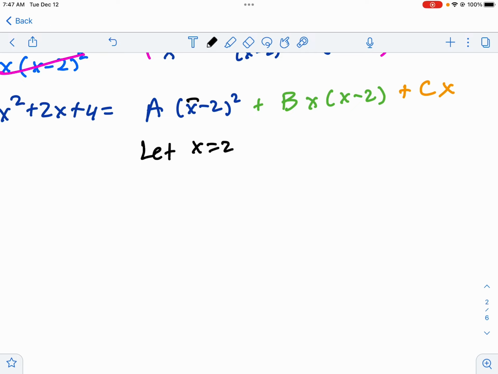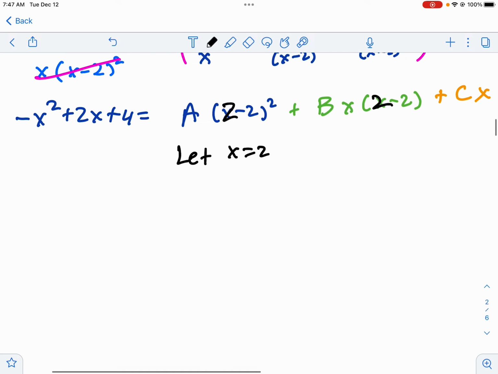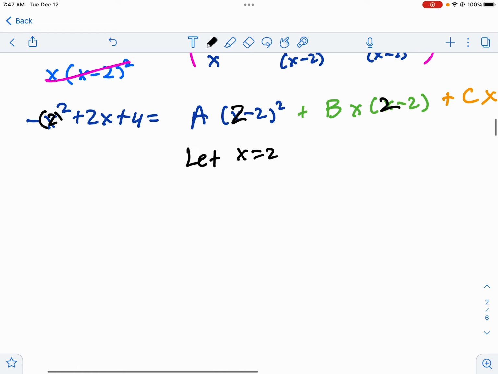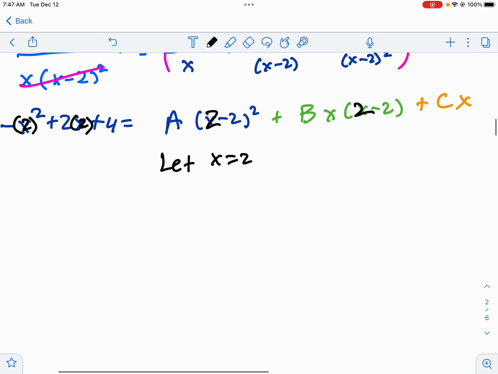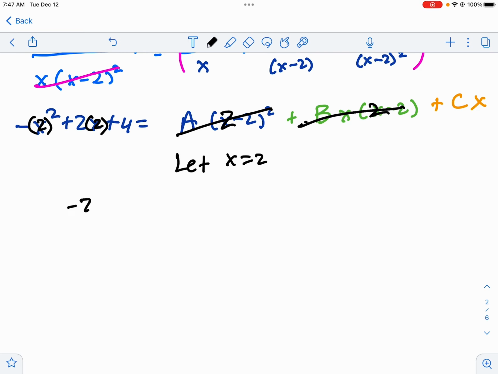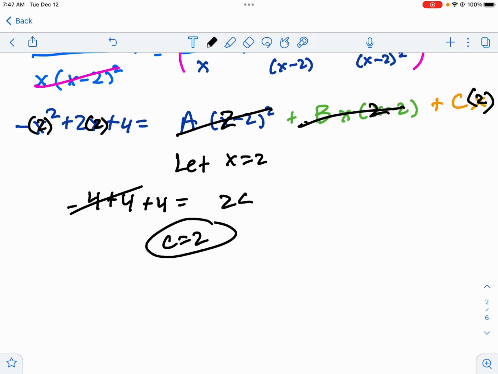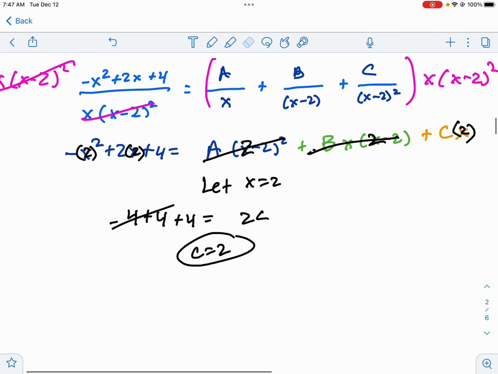If x is equal to 2 and I put a 2 there and a 2 here, and also a 2 there and a 2 there, you're going to see that this knocks out, this knocks out. So I have negative 4 plus 4 plus 4 is equal to, and I'm also going to put a 2 there, 2c, and then you're going to see that c is equal to 2. Okay, fast way, right? But again, that doesn't always work.